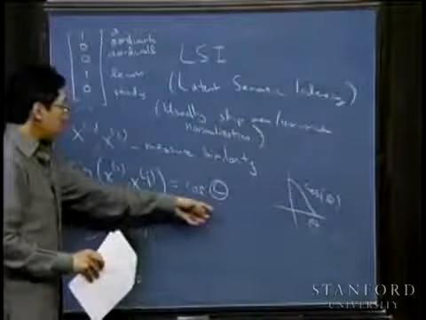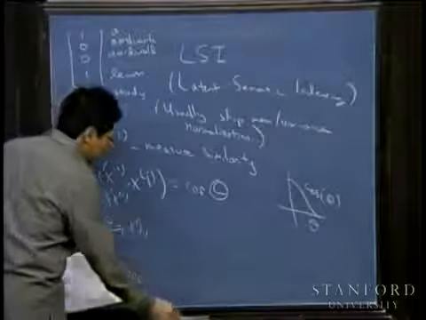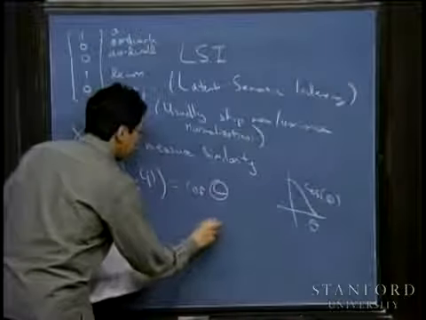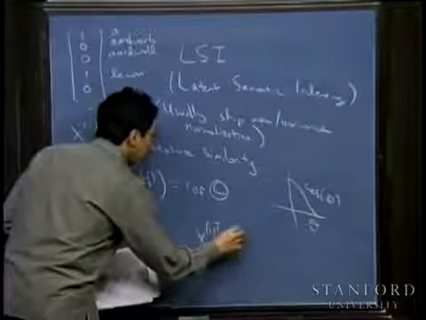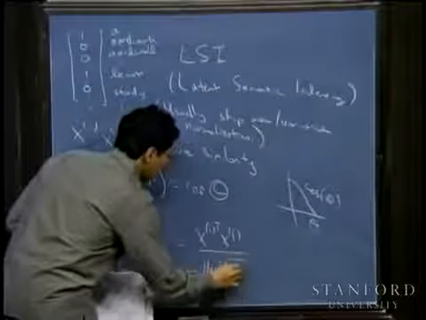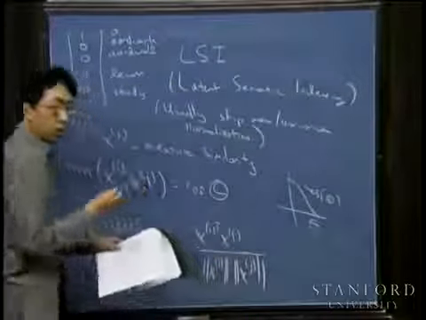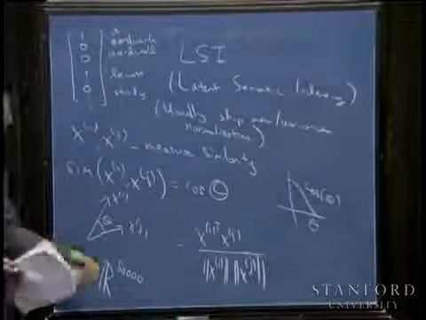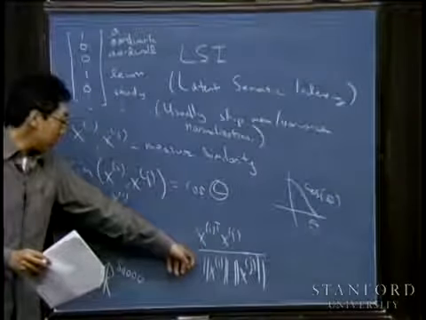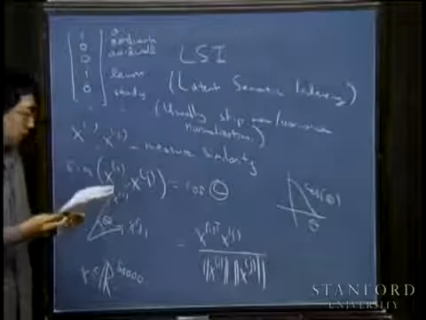So the smaller the angle between them, the larger the similarity. And the cosine between two vectors is, of course, just xi transpose xj divided by the product of their norms. That's just the standard linear algebra or geometry definition of the cosine between two vectors.